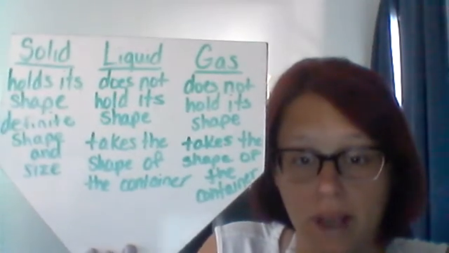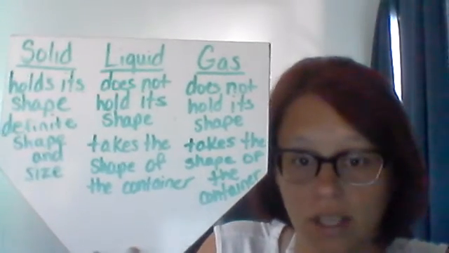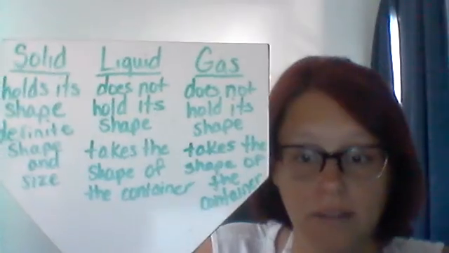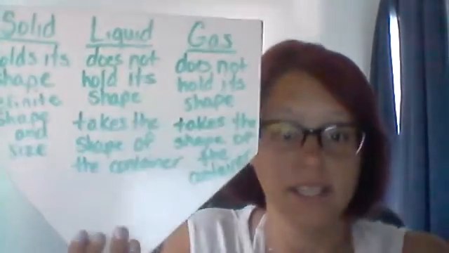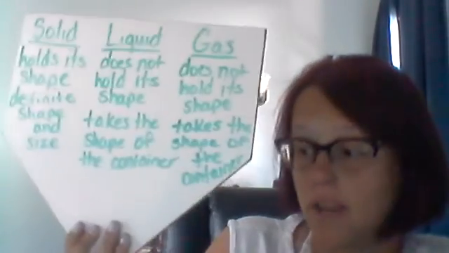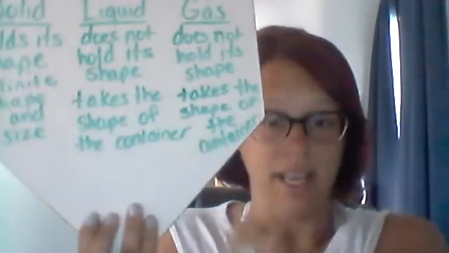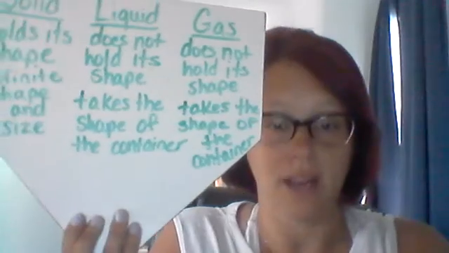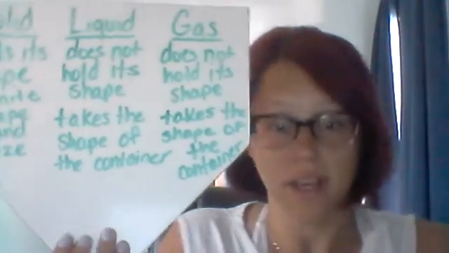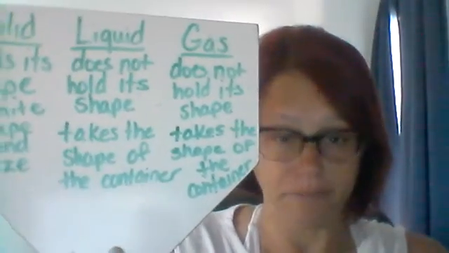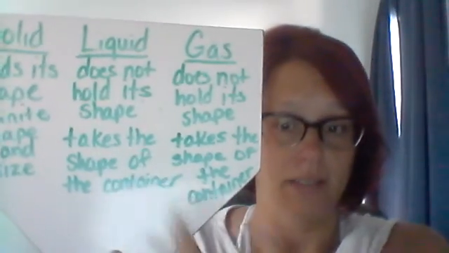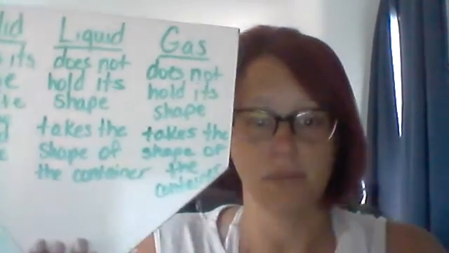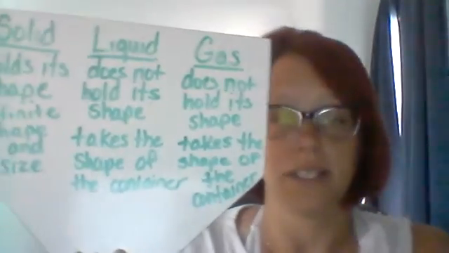So remember about gas. It does not hold its shape, and it takes the shape of the container. Now you can see that liquid and gas are very similar in that sense. The particles in a gas are even more spread out than a liquid. You cannot see gas, right? Liquid, you can see it spreading out. Gas, it just spreads out without you being able to see it.